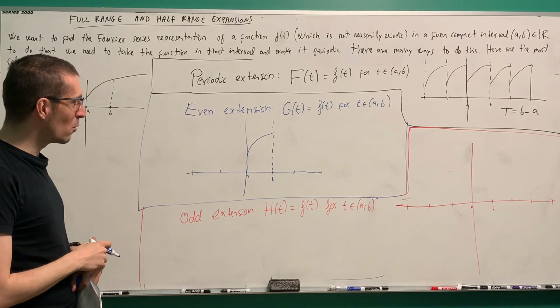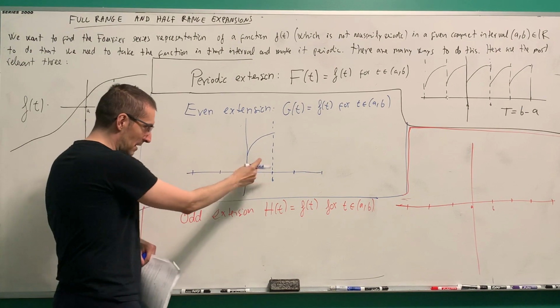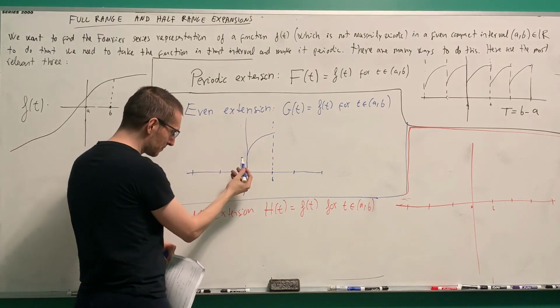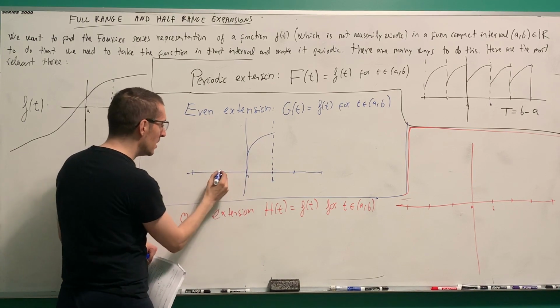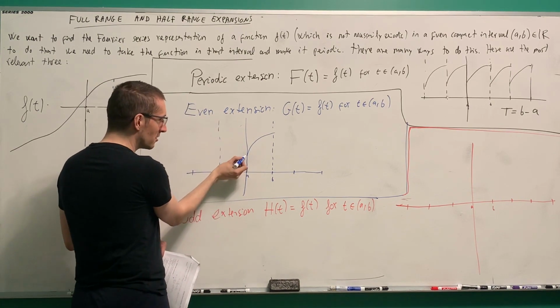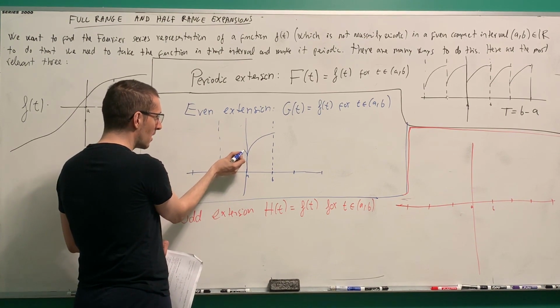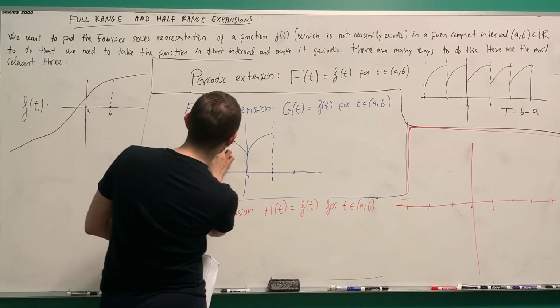What I do is that I want an even function. What does that mean? Well, remember, imagine this is the axis of symmetry. So the function has to be equal at both sides of the axis of symmetry. So if you want to do an even extension, it's like an even function, you need to do the same on the other side. You see, on the left of the interval should be the same curve.